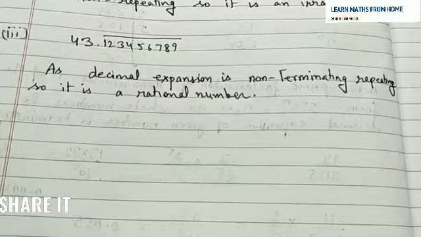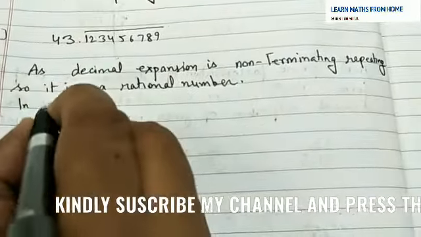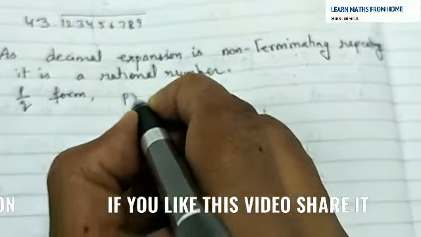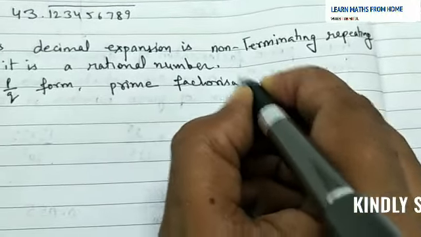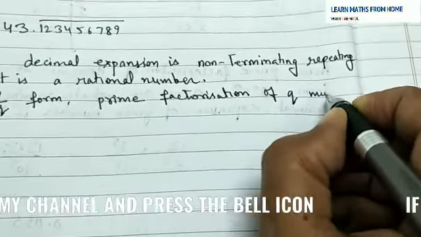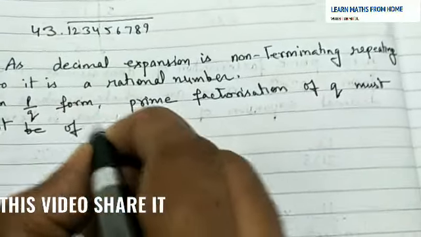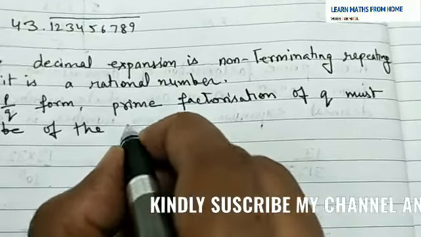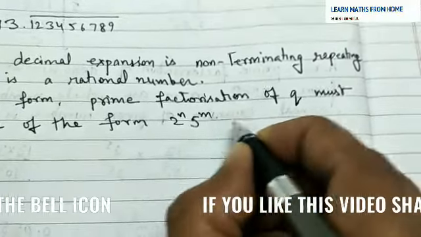As it is a rational number, now we have to talk about the prime factorization of Q. We'll write in P over Q form, the prime factorization of Q must not be of the form, we are using theorem 1.7, 2 raised to power n into 5 raised to power m.